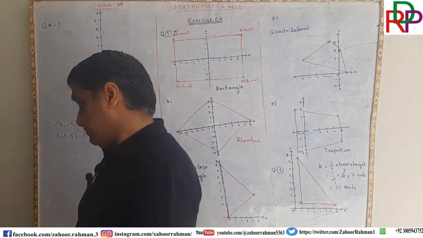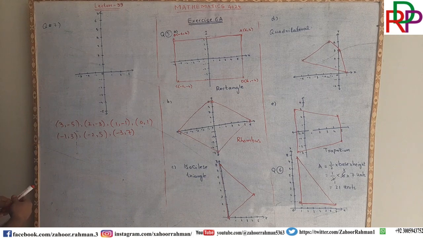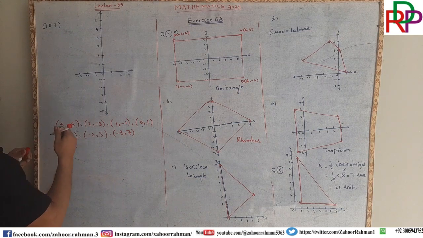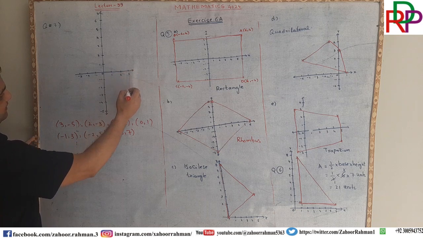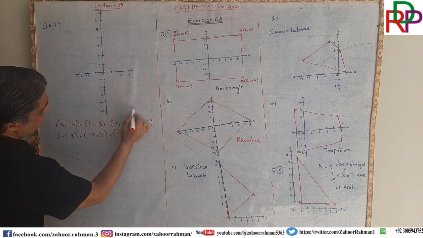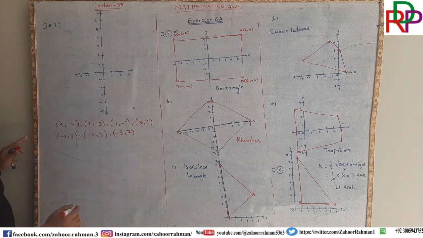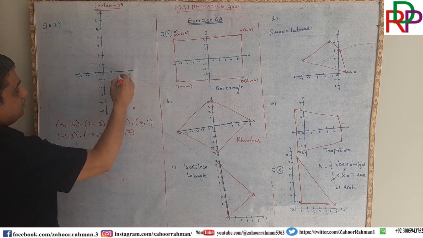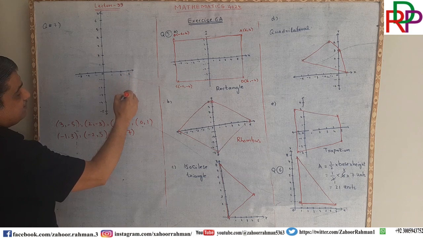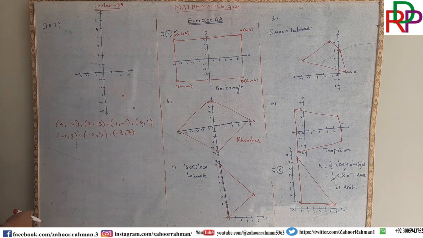Describe the pattern. We will describe the pattern, but let us first plot 3 minus 5. So 3 and minus 5 will be somewhere here. Then 2 minus 3 will be somewhere here.